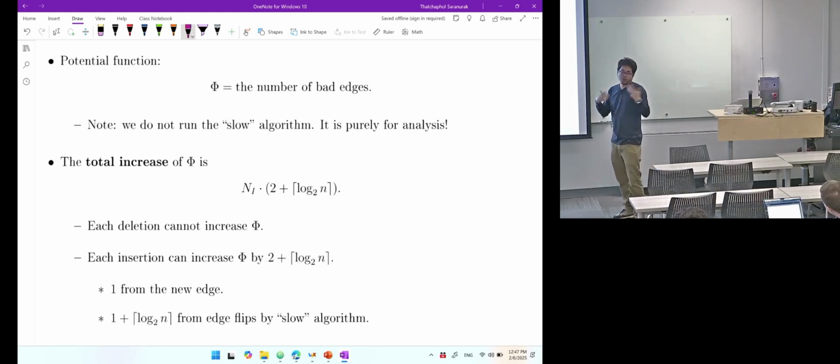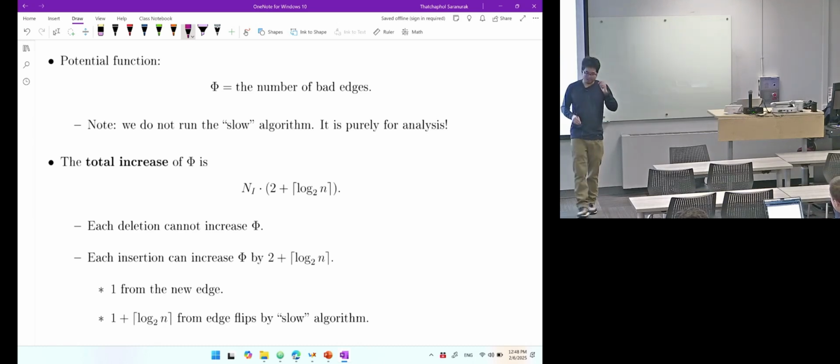But we're going to say that in total, it flips not too many in the amortized sense. And how do we do that? We're going to go through some amortized analysis here. Right now, let's just think only about this potential. Try to agree with me that for one insertion, the potential can increase at most this much. Okay, good. I see what you mean now.